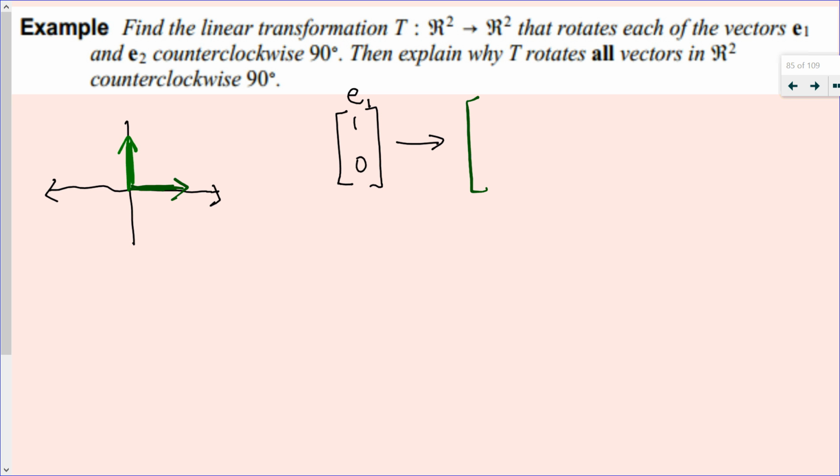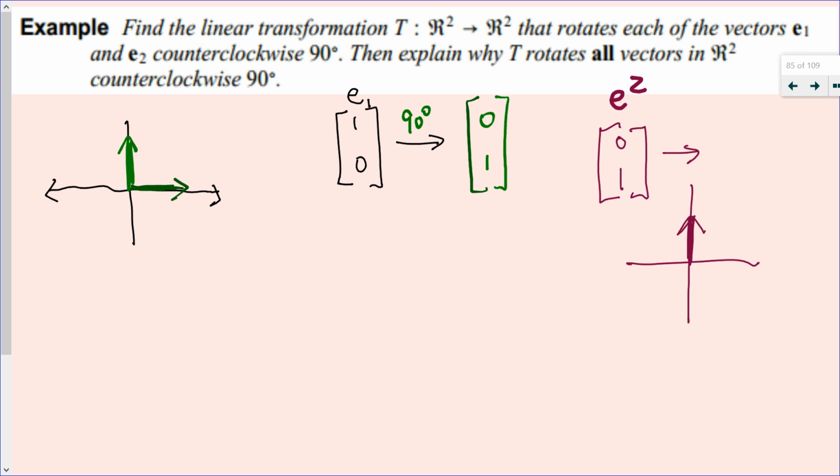Yes. So e1 becomes 0, 1 under the 90-degree rotation. And then e2, which starts up here at 0, 1, becomes what when you rotate it 90 degrees? Yep, negative 1, 0. Perfect. So it becomes negative 1, 0.